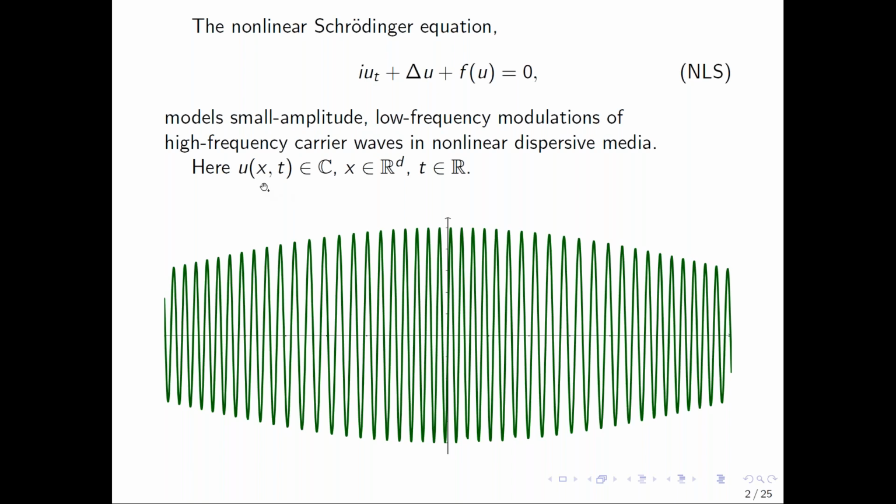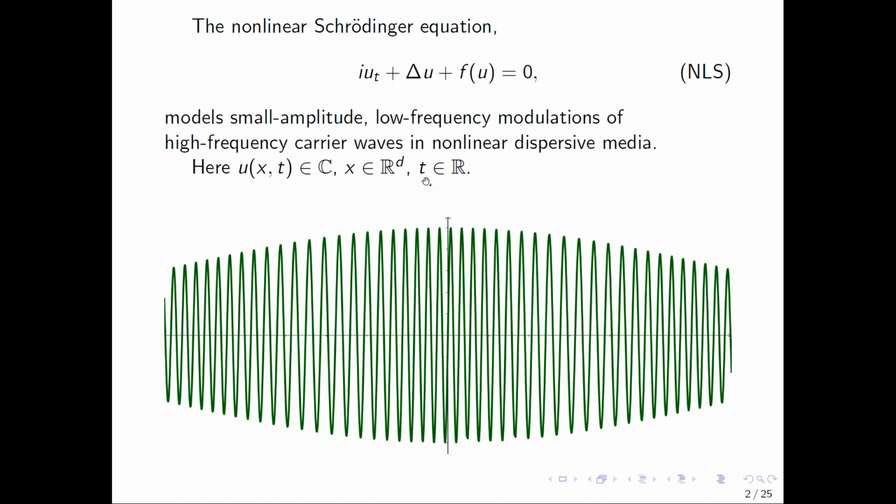So from the modulus and phase of u, you can read off the modulations of this water wave. But again, that's the one-dimensional case. I'm talking a lot about the multi-dimensional case in this talk, where x is an element of d-dimensional space.